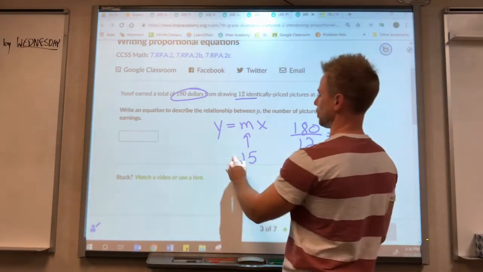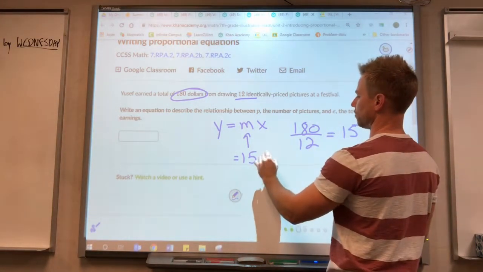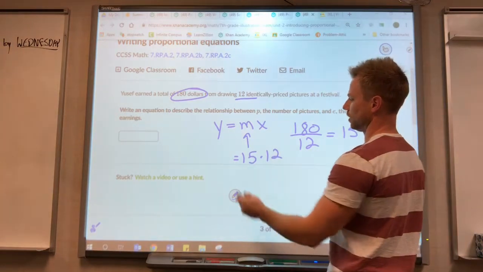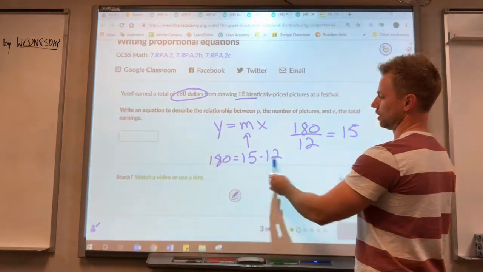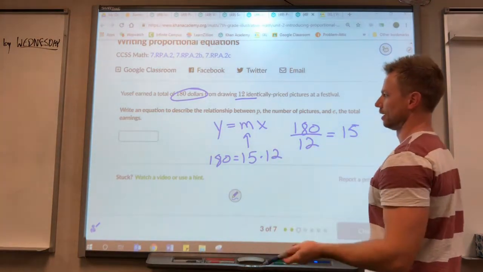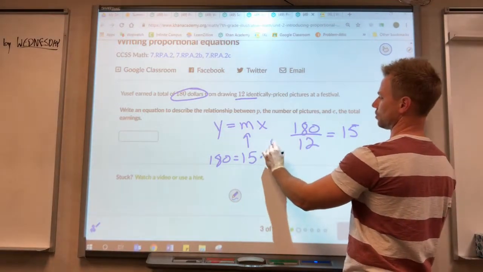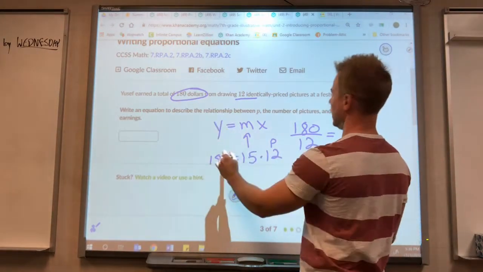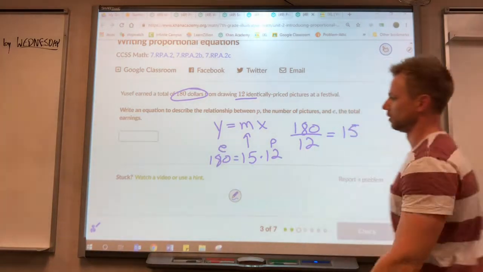Well, let's try it both ways. If we multiply the number of pictures by 15, that would be 12 times 15 would equal 180. Is that true? Is 12 times 15 180? Yes, it is. Now remember 12 is pictures, so that would be P. 180 is the money or earnings, so that would be E.